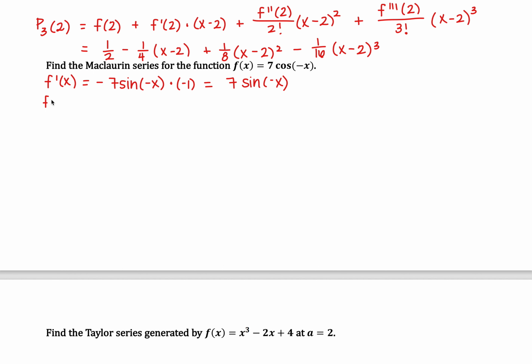For the second derivative, when you take the derivative of 7 sine of negative x, you get 7 cosine negative x times negative 1, so that's negative 7 cosine negative x. And I'm going to continue for the third derivative.